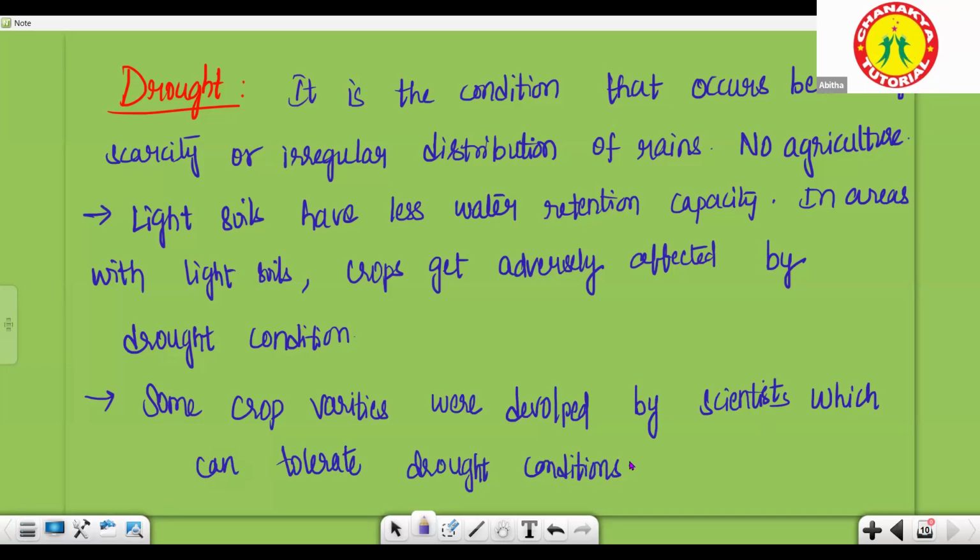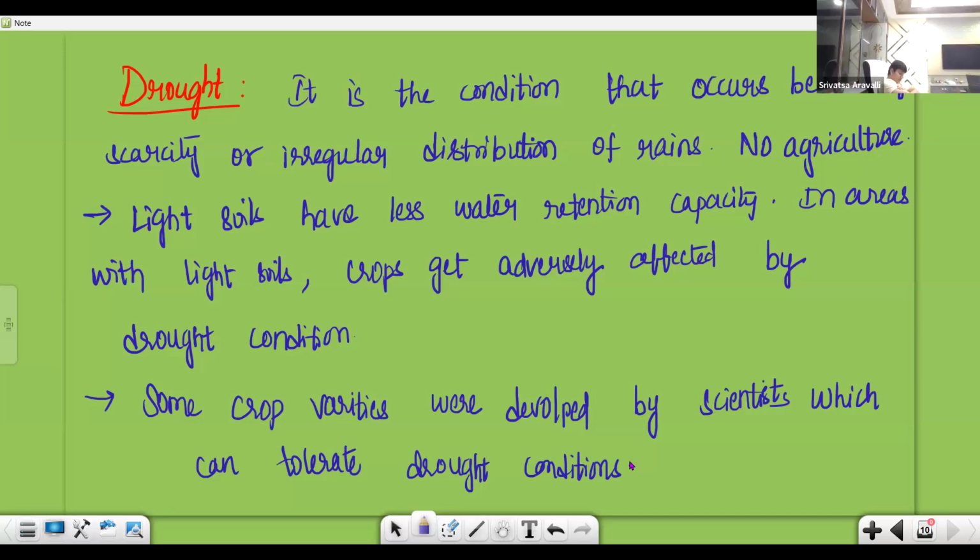What is a drought? The condition because of scarcity or irregular distribution of rains. So no agriculture.